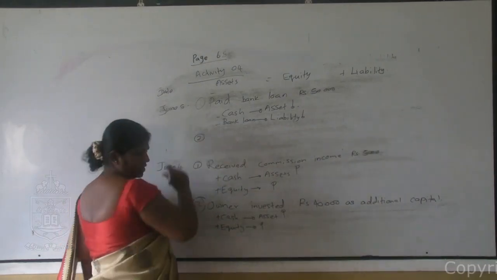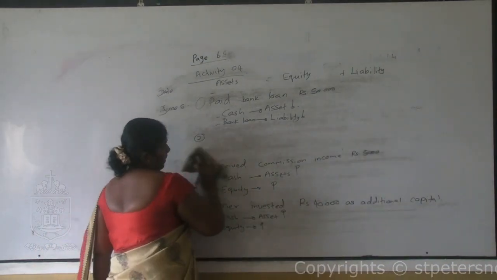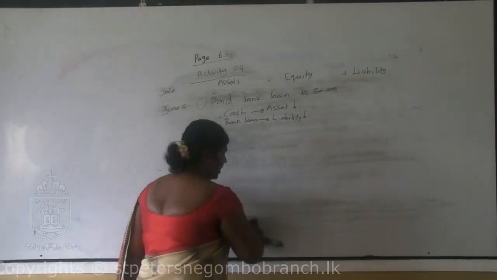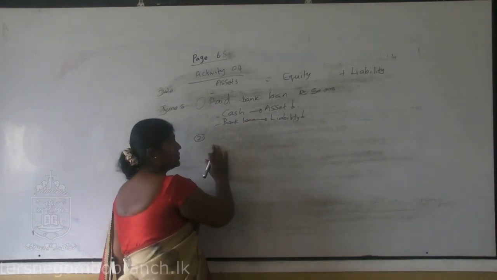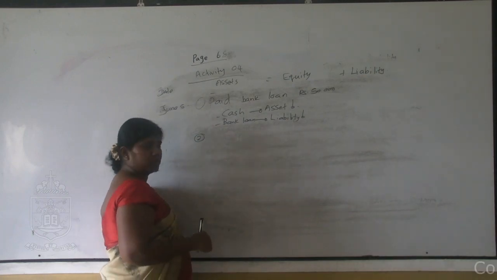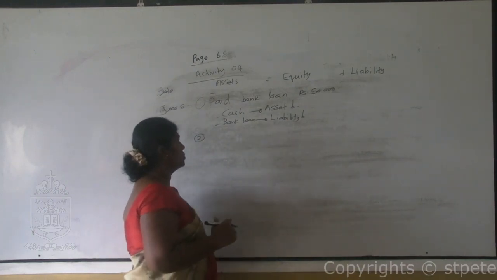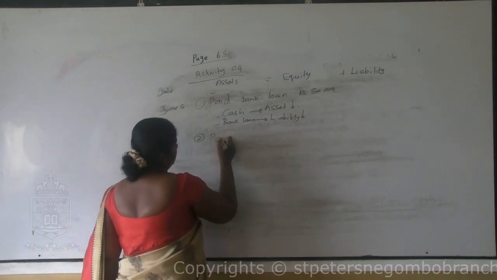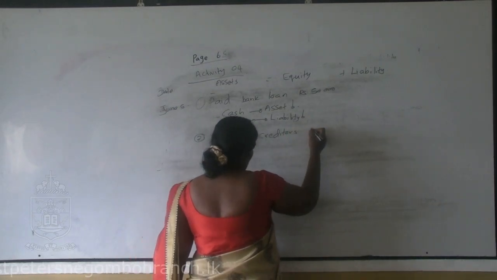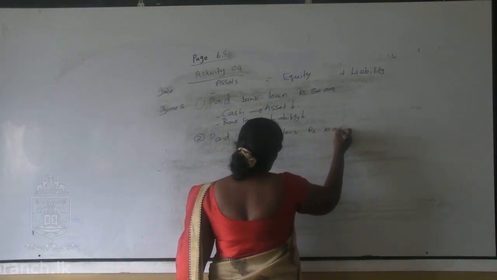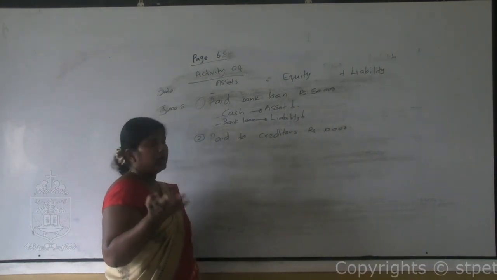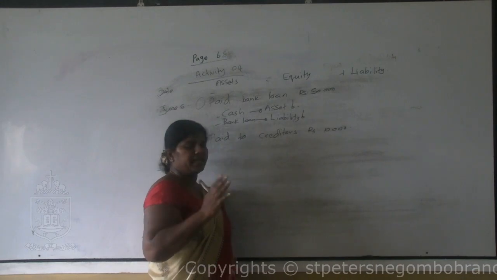So another transaction, payments for creditors. So the owner is making payments to creditors. At that time cash will decrease and liability also decrease. That means the creditors amount will also decrease. Pay to creditors 10,000 rupees. Any value you can write here because no constant value has been given.